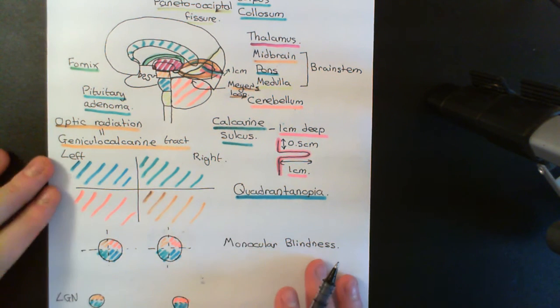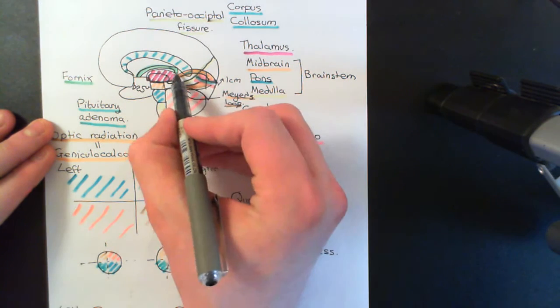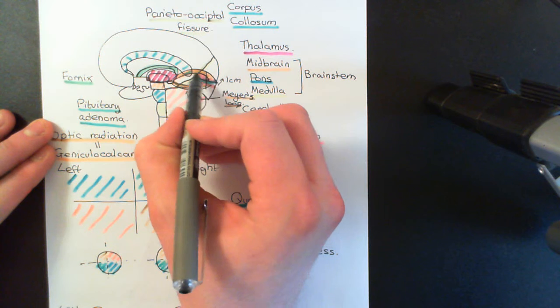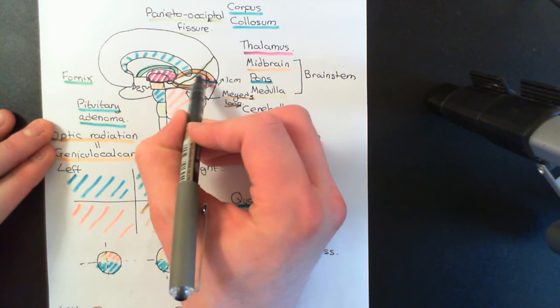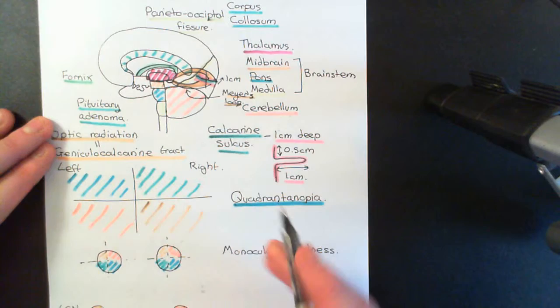So let's think about this. Let's think about what would happen if we lesioned the right superior optic radiation, so this portion. Then we lose all information coming through that, but what information is coming through that?